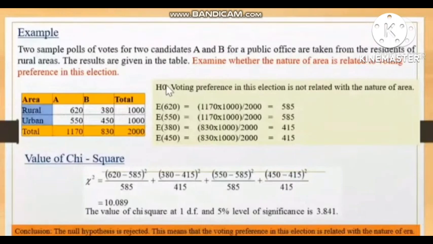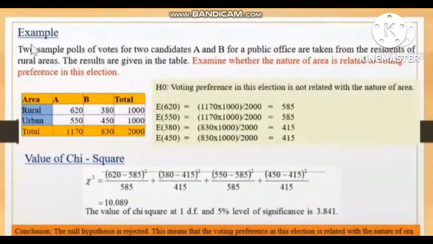Our point of interest is to know whether the nature of area, that is rural or urban, has something to do with the voting pattern to candidate A and to candidate B. Is it so that candidate A is getting more votes from rural areas and candidate B is getting more votes from urban areas? If it is so, then we would say that there is association between the nature of area and the two candidates.